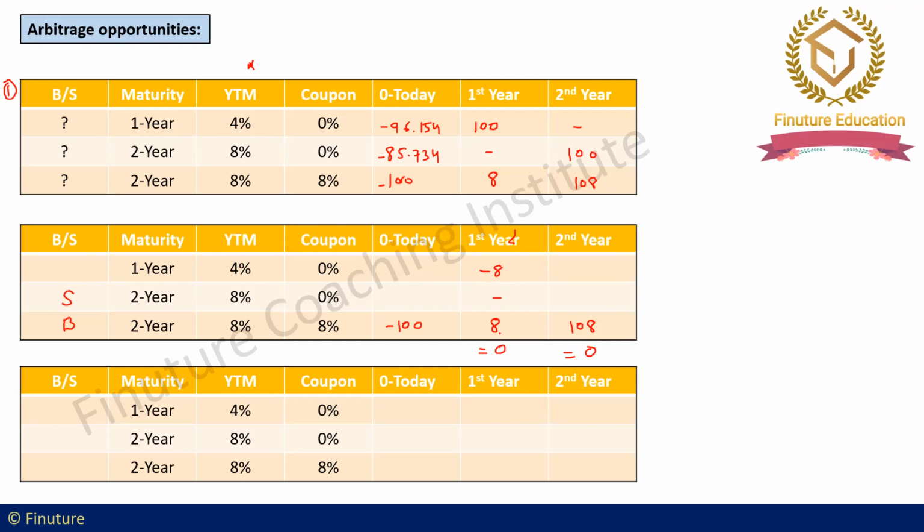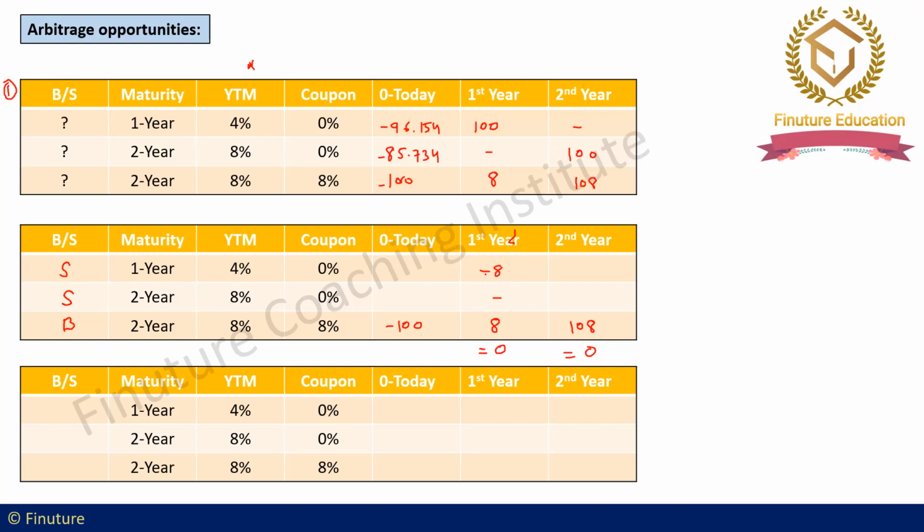But given now need has arrived, I need to give some -$8 to someone. So I need to short this bond at the first year. So it's short at first year, -$8. To do this, I need to invest something today.